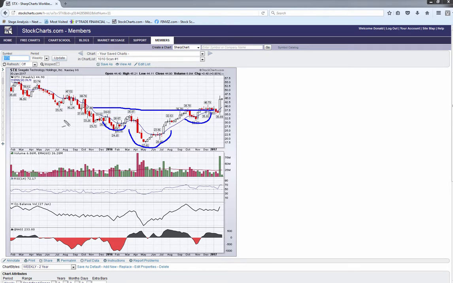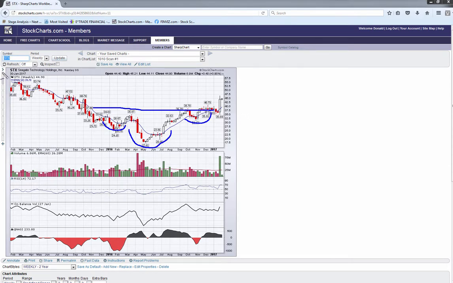The way you use an inverse head and shoulders pattern is, once you have a breakout of the neckline, you look at the distance from the low of the head to the neckline. If you measure this move, it gives you roughly a 10-point move. I'm sorry, a 20-point move.